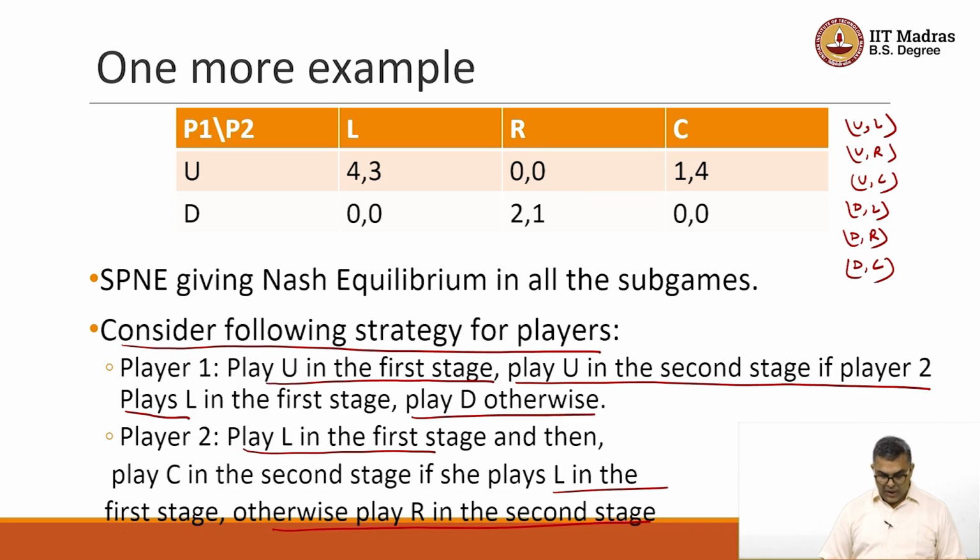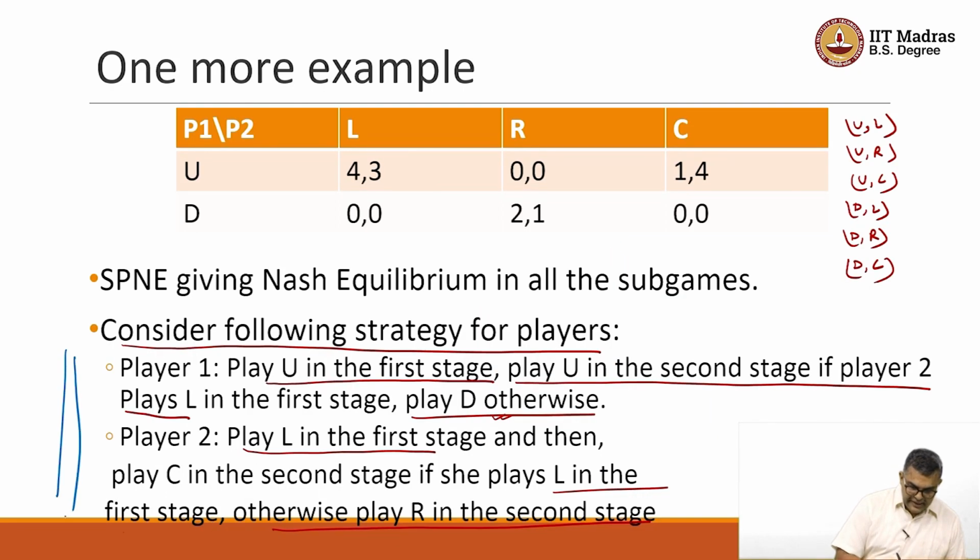Pay attention to what player 1 is saying. Player 1 is saying that I will play U in the first stage. We are talking about the second stage: play U in the second stage if player 2 plays L in the first stage, otherwise play D. So this is the strategy that they have reached after talking to one another.